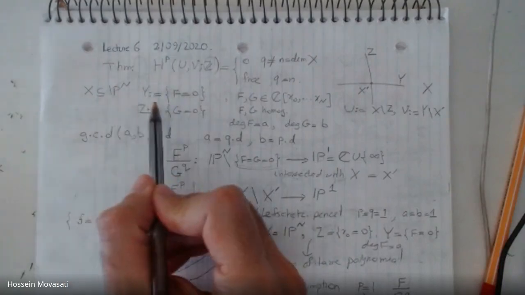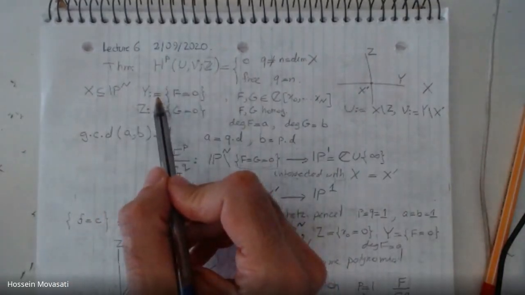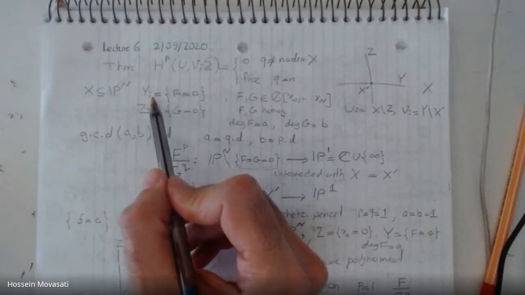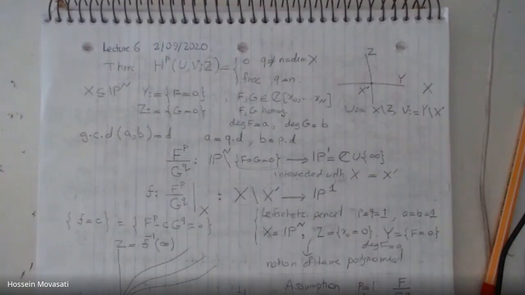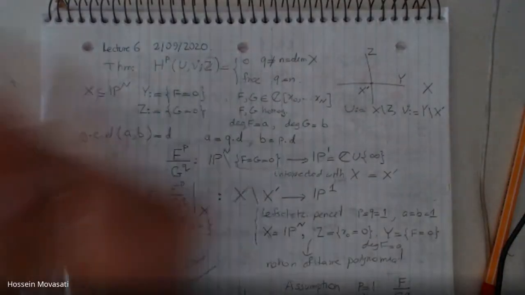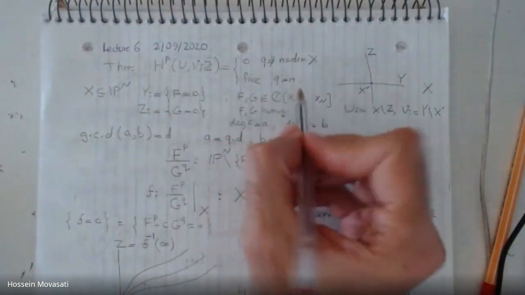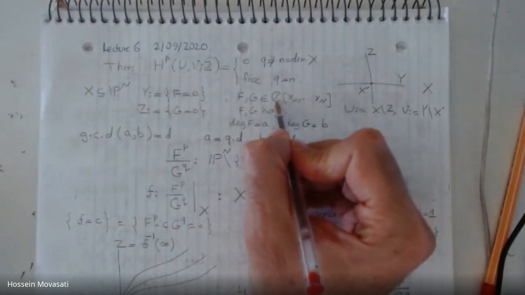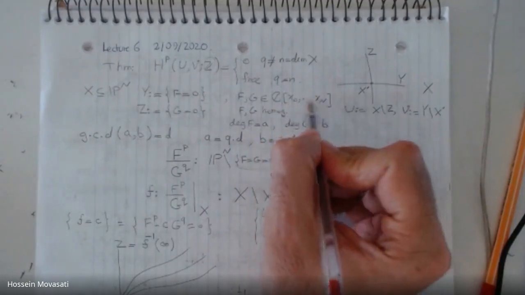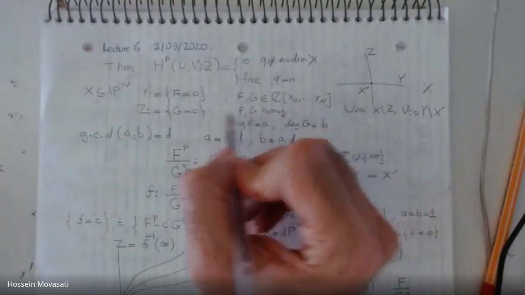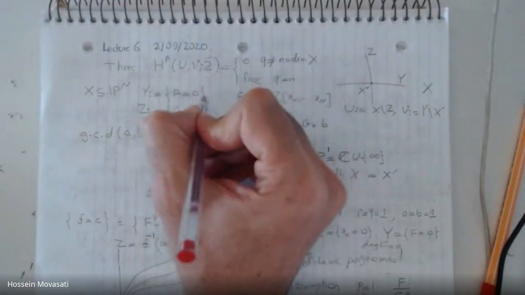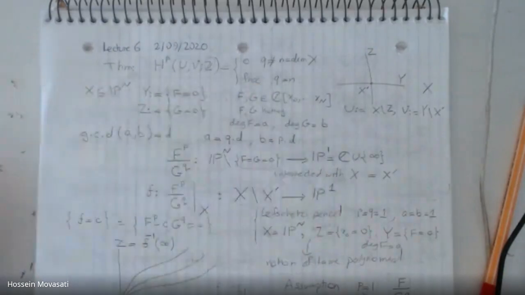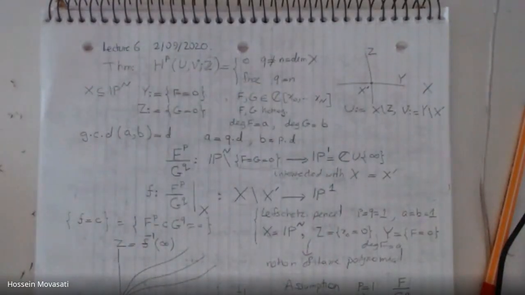Okay, so I recall that by Veronese embedding, instead of hyperplane sections, we can talk about hypersurface sections. And so if we take homogeneous polynomials f, g in C[x0, ..., xn], then Y can be f equal to 0. Actually, there is a misprint here.